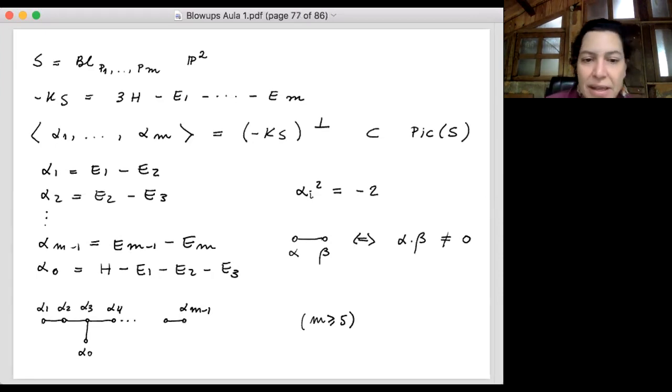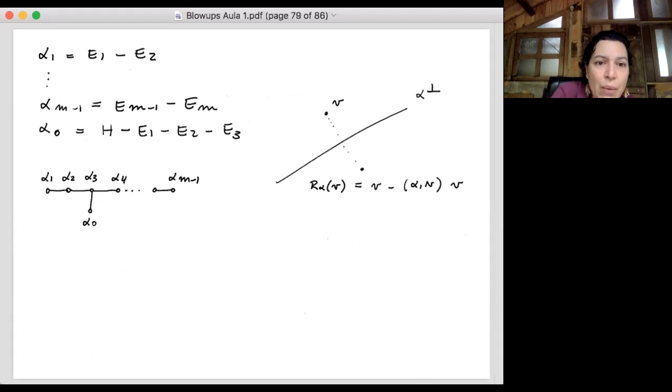I'm assuming that m is at least 5, so that this makes sense. So I get this Dynkin diagram, which has this shape. I leave it as an exercise to check these intersection numbers. And then you get that. So this is the Dynkin diagram associated to this root system.